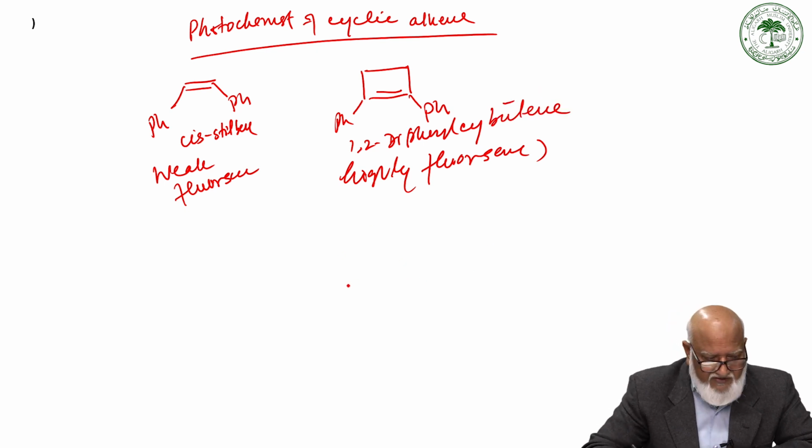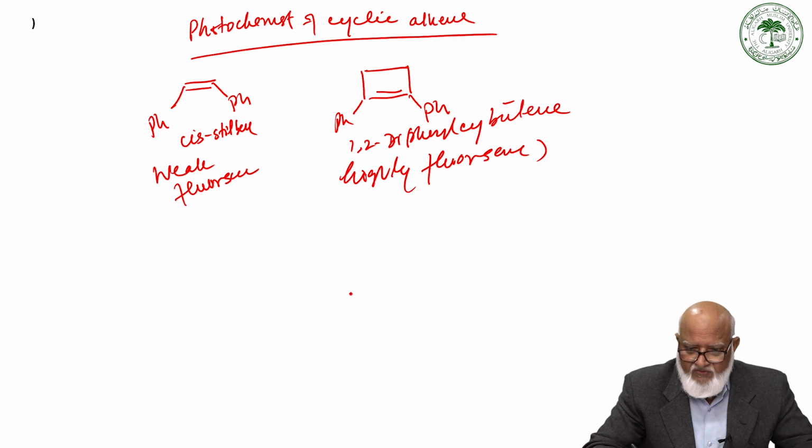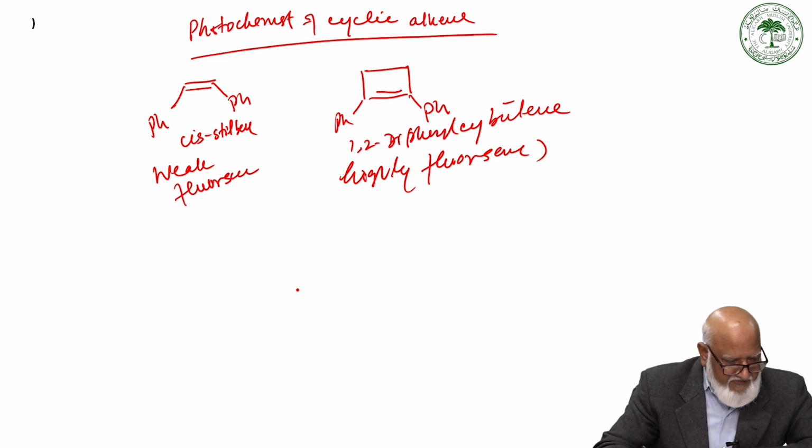Methanol quenches 1,2-diphenyl cyclobutene to give an ionic product.